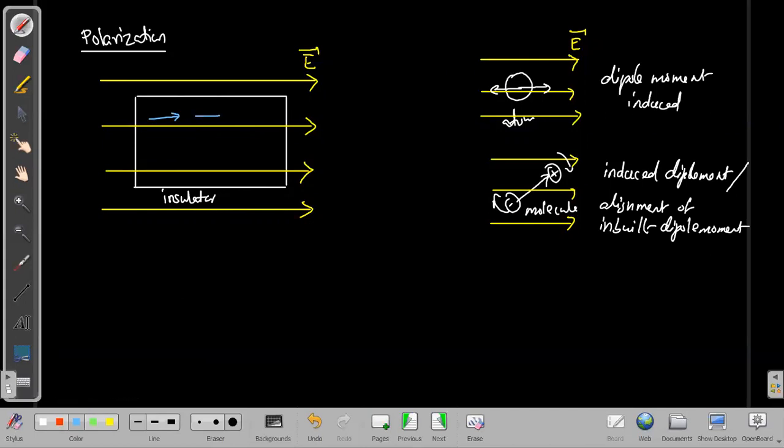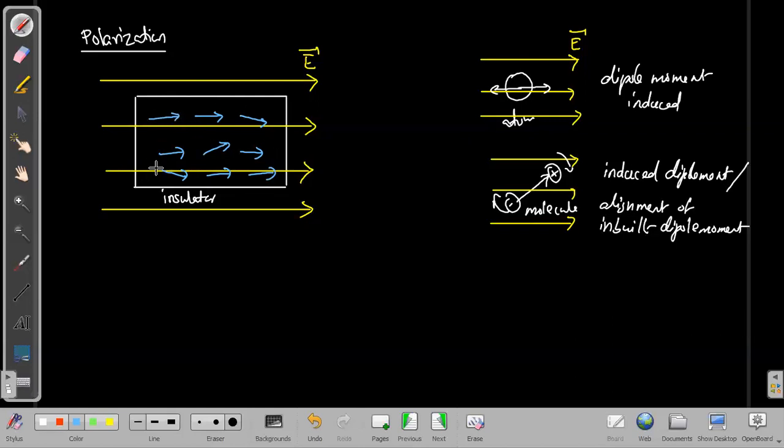Some of the dipole moments will be exactly parallel, some would have some inclination, making some angle theta with the applied electric field, and so on. It depends upon the type of the molecule. So this would be the total effect.